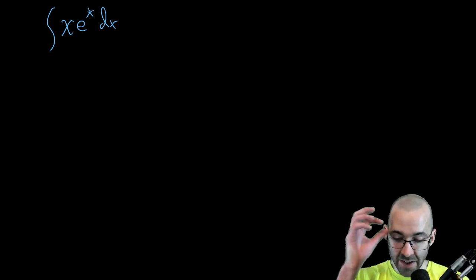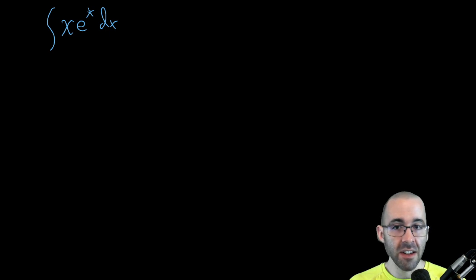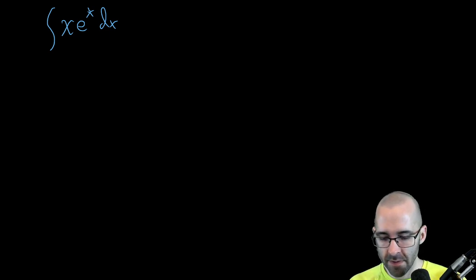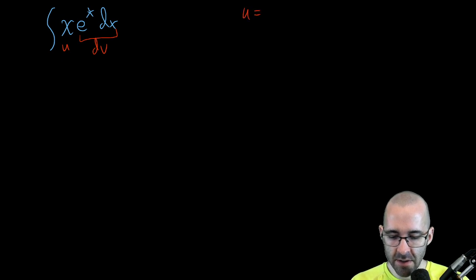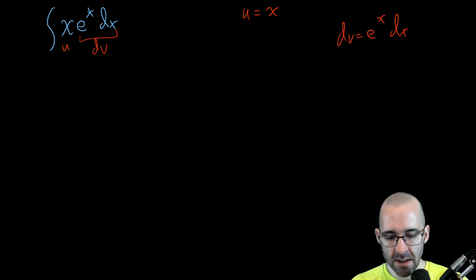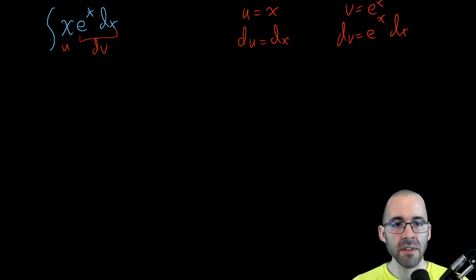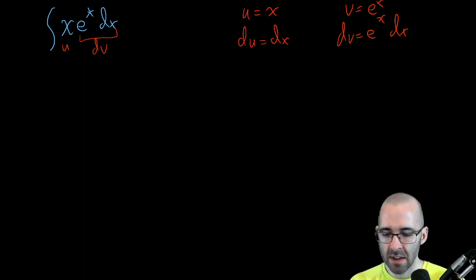All right, so let's get to it. We have to use integration by parts. This will be our u. This will be our dv. u is x, dv is e to the x dx. du is dx, and v is the antiderivative, e to the x.